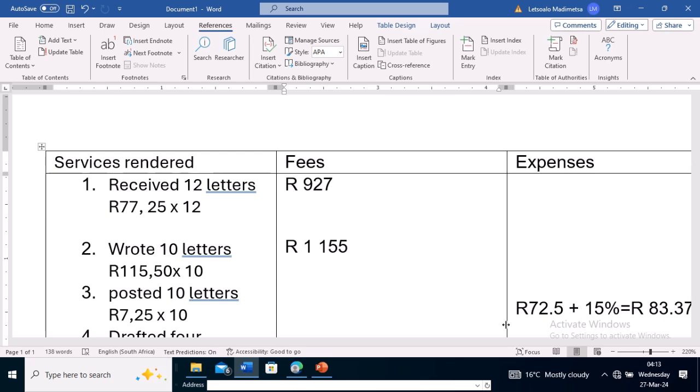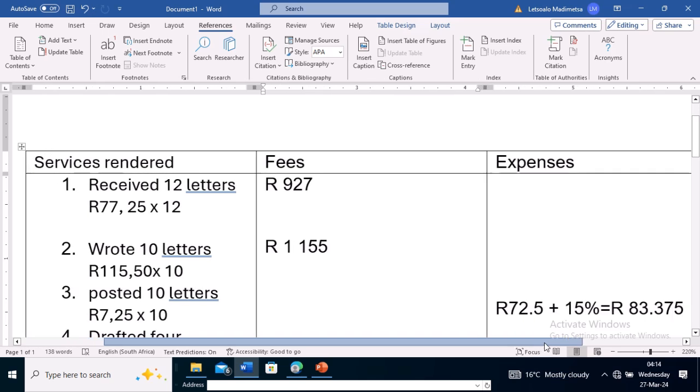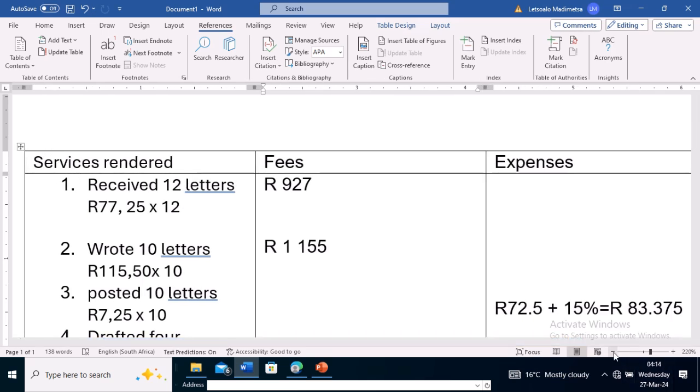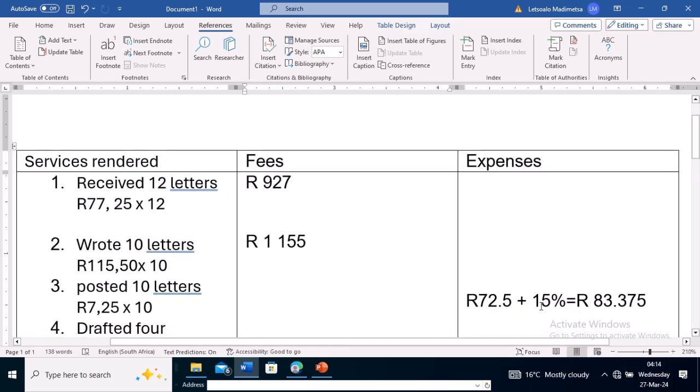Otherwise it's going to be a long way. Just say plus 15, and please include the percentage sign, plus 15%, and then it's going to give you, let me check, 83 rand 375 cents.